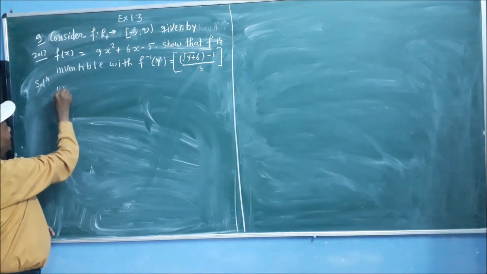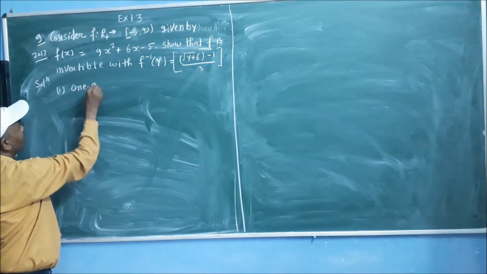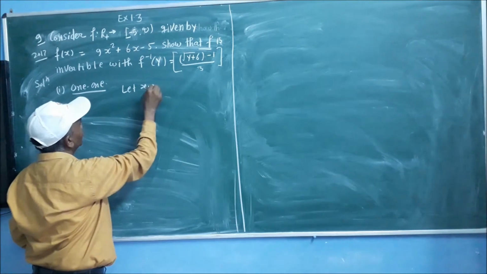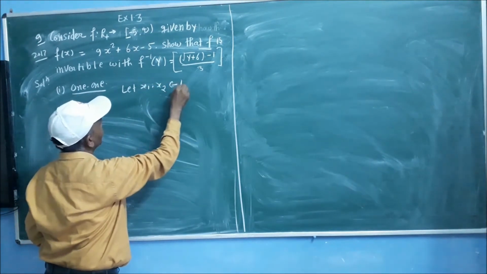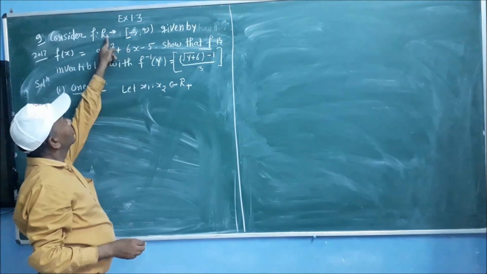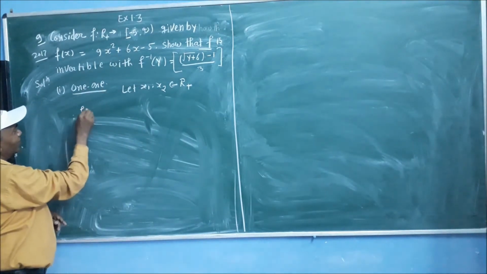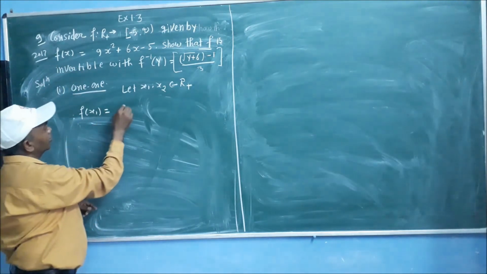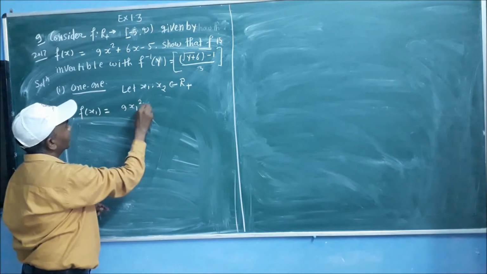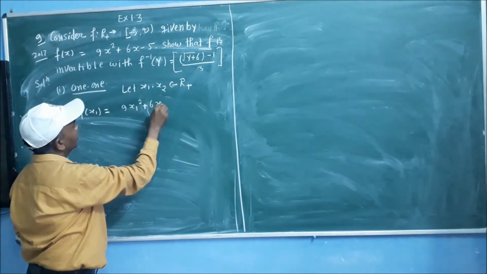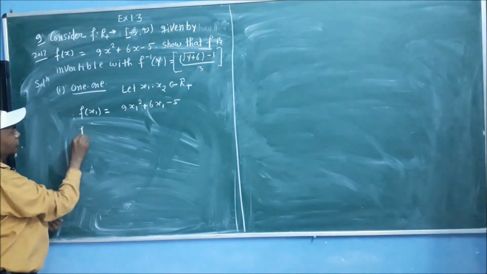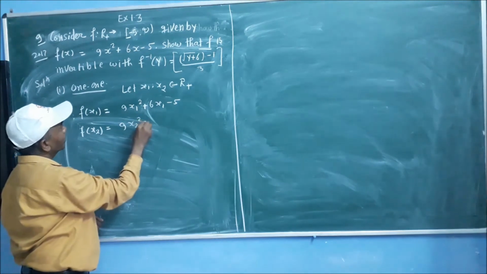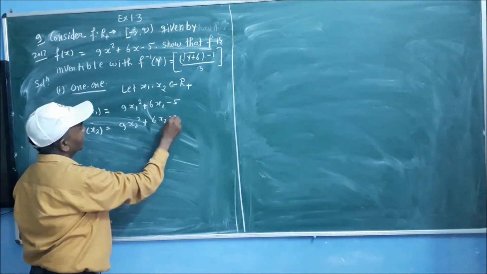So first you have to prove that this is a 1 1 function. To prove a 1 1 function, suppose x1, x2 belong to R plus, two elements in R plus. So what is the value of f of x1? Use this result: f of x1 will be equal to 9 into x1 square plus 6 into x1 minus 5, and f of x2 is equal to 9 into x2 square plus 6 into x2 minus 5.